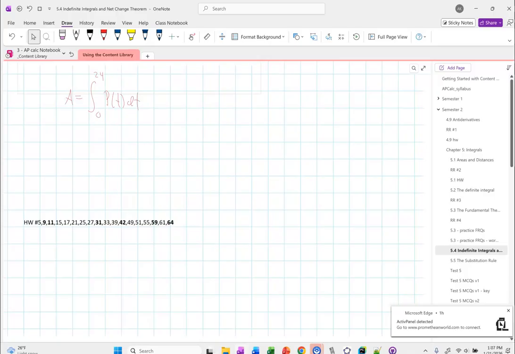I don't remember when we do volumes, if that's in this next test or the test after. I tend to think it's the test after, but there's a little bit of integration technique left, and then application is all we have left in here.